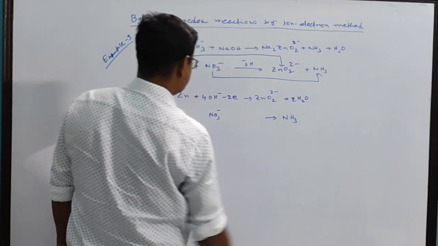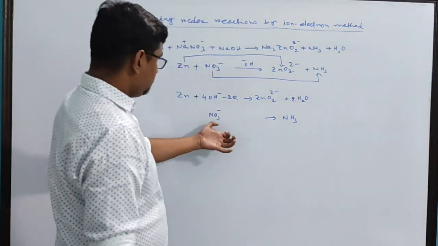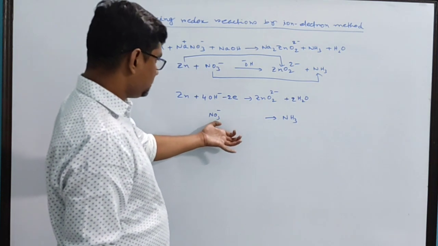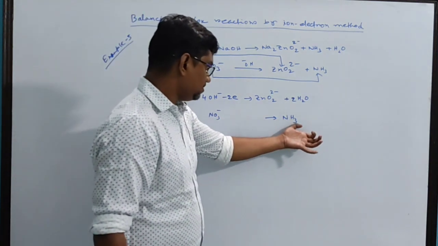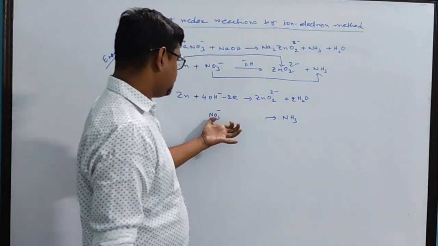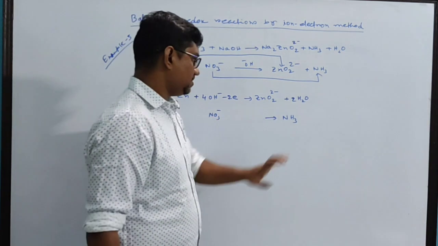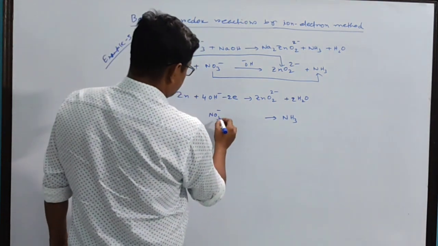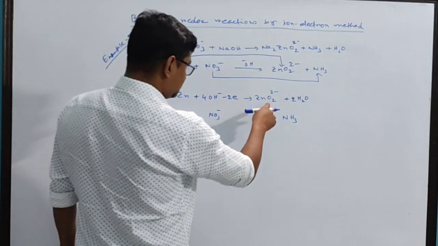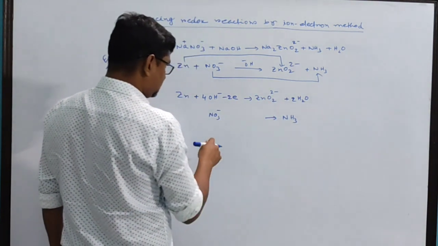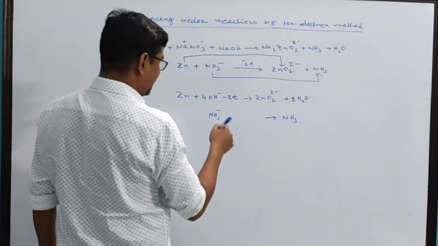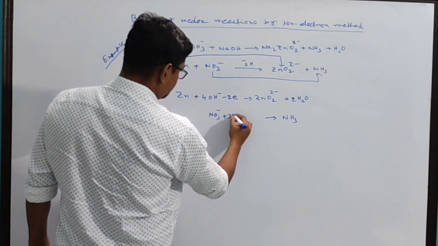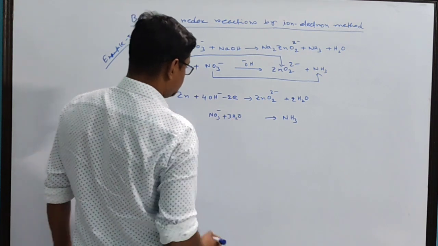Now the second process, NO3 minus going to NH3. Okay, here 3 oxygen atoms are extra and here 3 hydrogen atoms are extra. Nitrogen are balanced, 1 nitrogen 1 nitrogen. So first let's balance the oxygen atoms. Okay, as I said earlier that the side at which the oxygen atoms are extra, we will add the equal number of water molecules. So here we will add 3 water molecules.